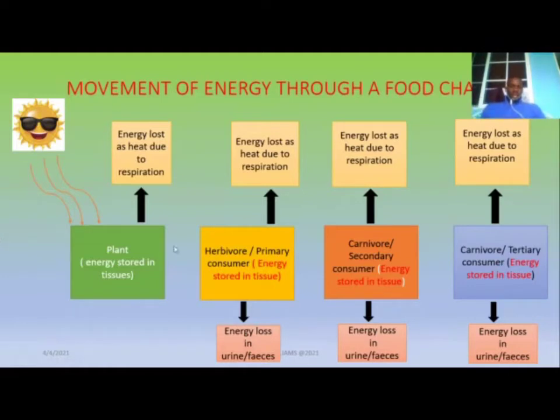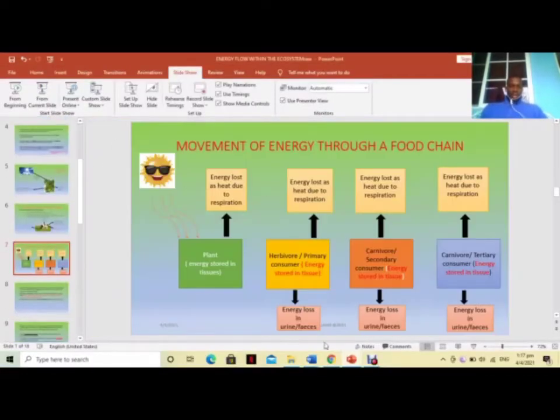So the only thing I'm missing here is my arrows showing you the direction in which we're moving from the producer, which is the plant, to the consumer, which is the primary consumer, then to the secondary consumer, then to the tertiary consumer. Alright, so let me just add that in, because I think it flows better when we add in the arrows.